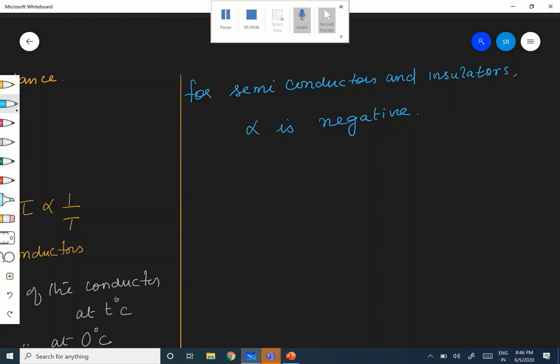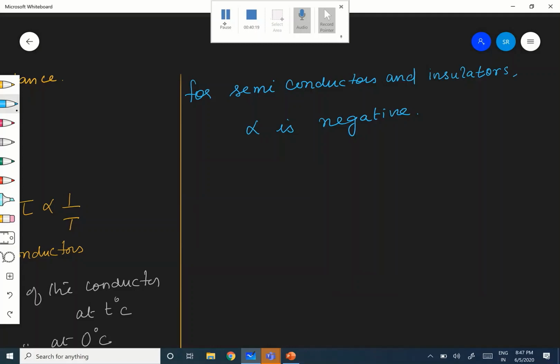What do you mean by that? As you increase the temperature, the resistance decreases.